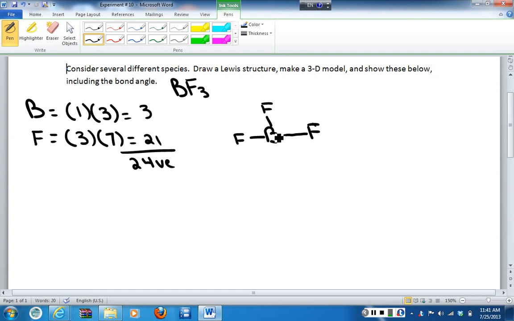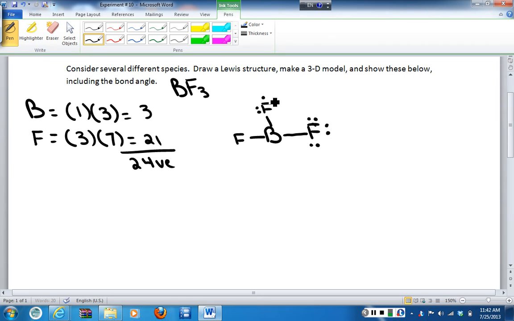Now that we've done step number 3, we need to give our terminal atoms an octet. When you do this step, remember you have to pay attention to the exceptions to the octet rule. Fluorine is not an exception, so we know it needs 8. We've already drawn 2 around each fluorine, so we have to draw 3 more pairs, or 6 more electrons, around each of the fluorines.